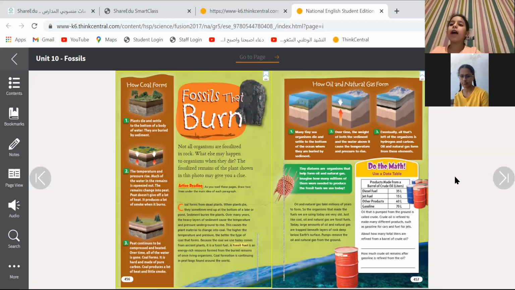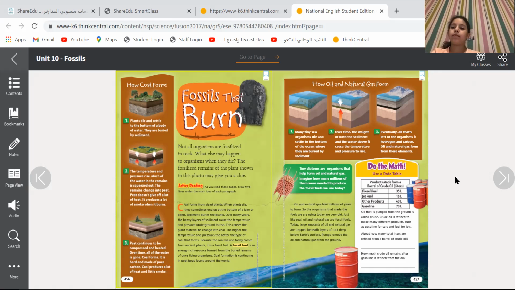They may die and then the sand, by the wind, goes over the animal or the fossil. And then after years of this process, it would be buried. Excellent. Very good, Yatala.